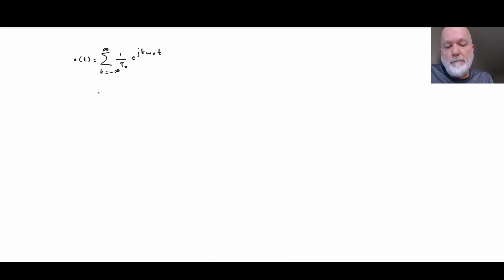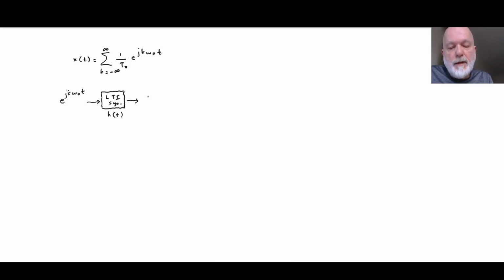So we are going to do the following. We have this LTI system. The impulse response, remember, in the LTI system is very important because it carries all the information related to that system. And now our input is e to jk omega 0 t for an arbitrary k.